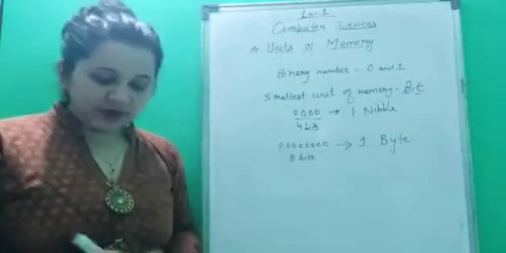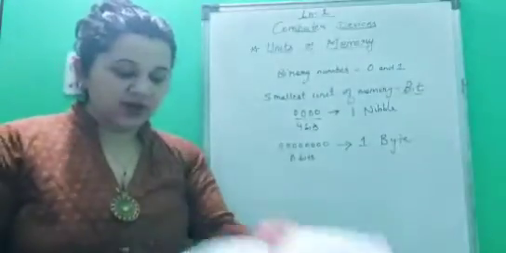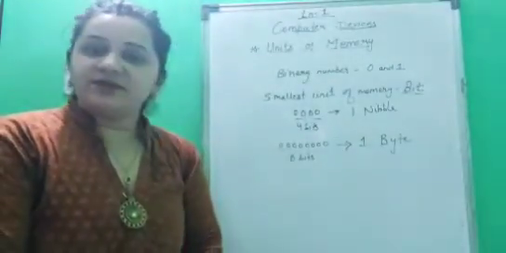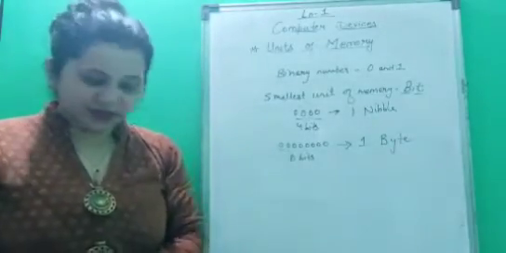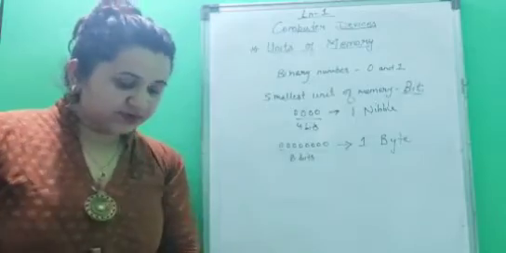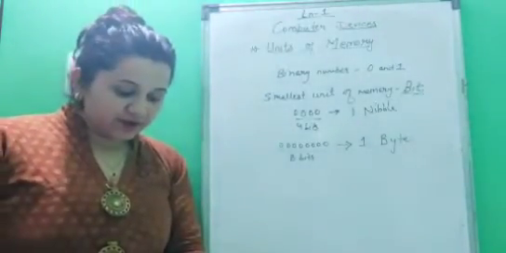So here is the unit chart of memory. Children, you have to read this chart from this book and learn it. 1 nibble is equal to 4 bits. 1 byte is equal to 8 bits.